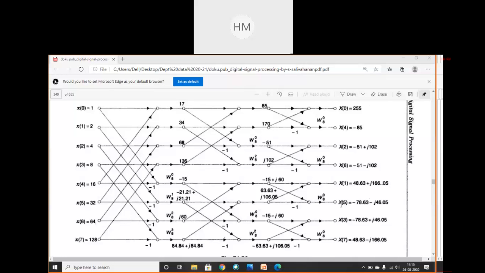DIF diagram सबने बना लिया था? अच्छा x020. Okay, very good. Next, other answers.